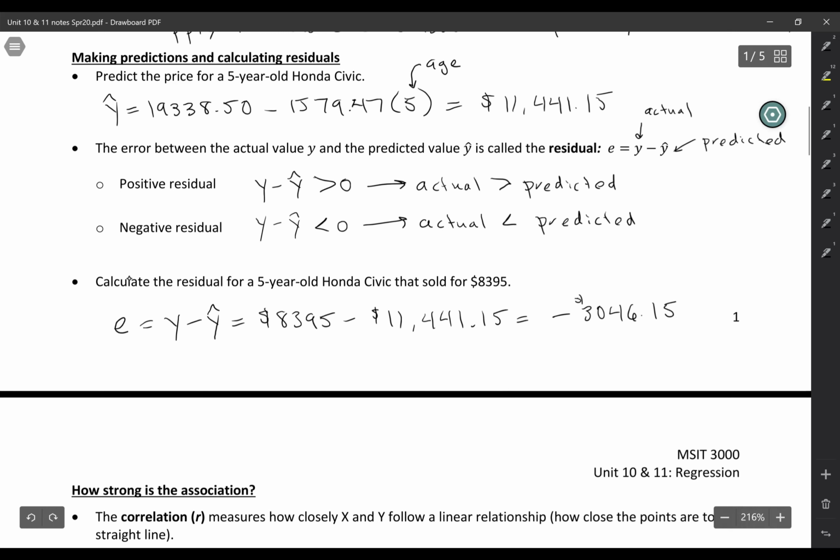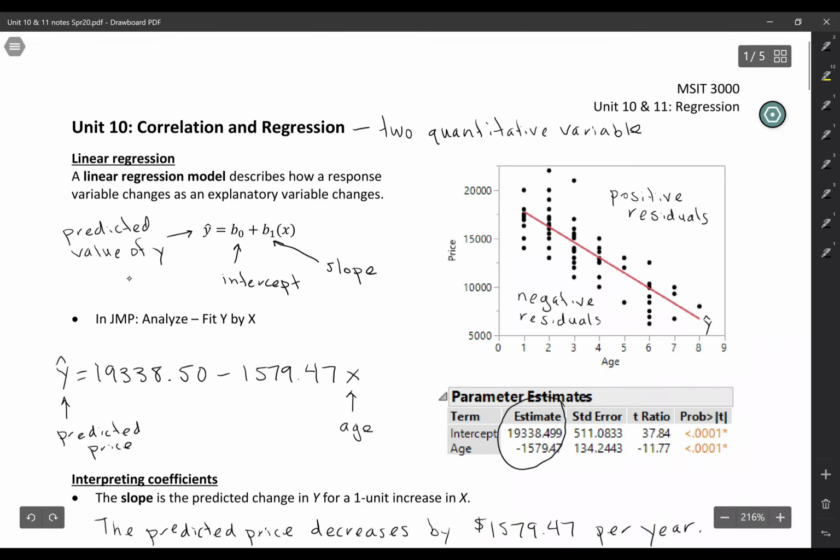Okay, so if we wanted to show that on the plot, we can just draw a vertical line from this actual car up to the predicted value. So we can see that the predicted value on the line is higher than the actual price of the car, and that's why we have a negative residual for this point.